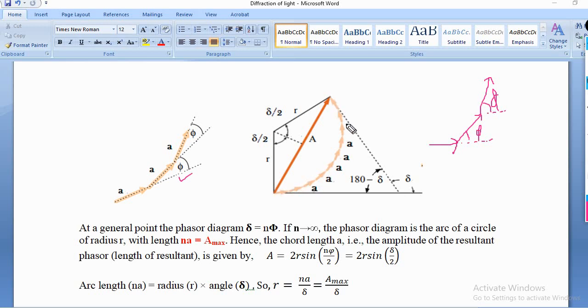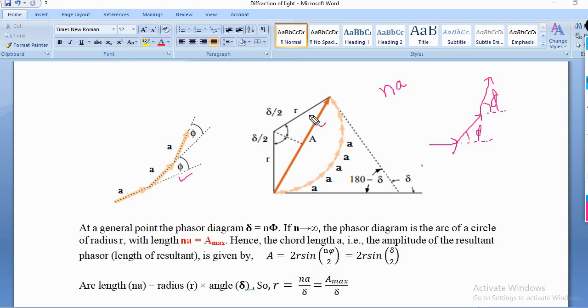So the waves and their corresponding vectors, when they are superposing, are given by this particular curvature. Now we have a curvature where we have n number of a's. So the length of the curvature is given by n into a. And how to find the resultant? Obviously this brown color one is the resultant A.